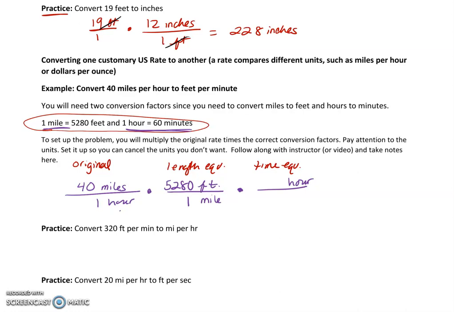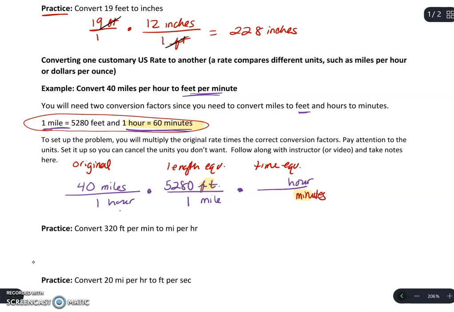So the feet, what we want to get to, we want to make sure that is left there. So we want to have feet per minute, but we don't have the minutes down yet. So we're going to use this equivalency here and write minutes.